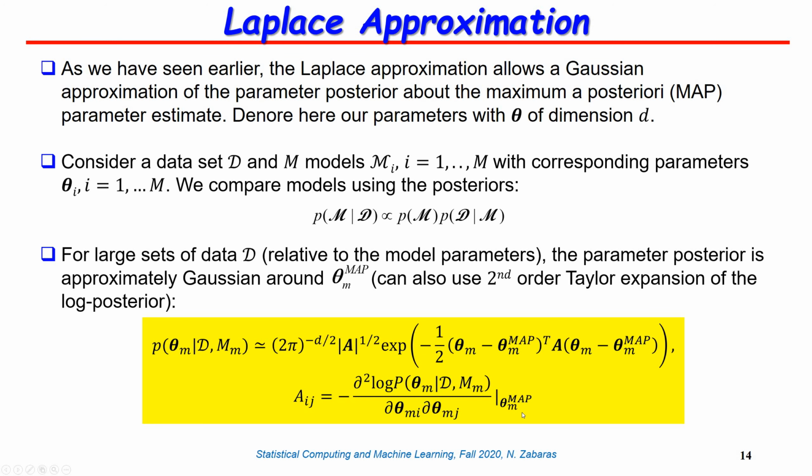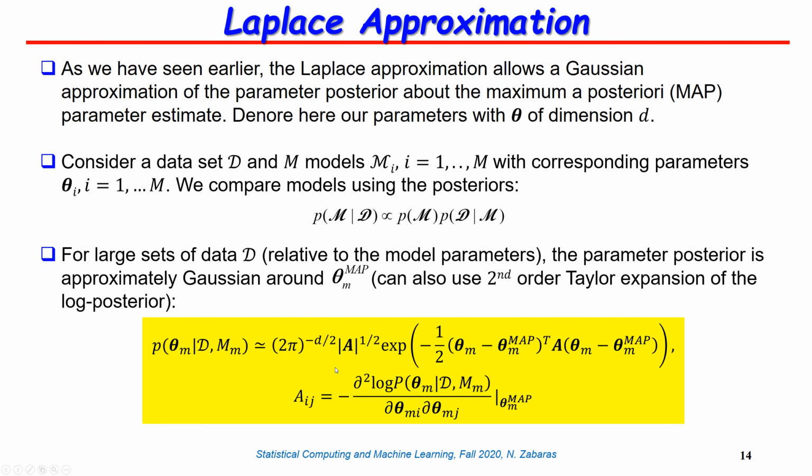And you're not going to get any linear terms because the gradient of the log posterior at the MAP estimate by definition is 0. That's where the log posterior is maximized. So the linear term is not there, and what you have is the quadratic term. And the constant term basically serves as a normalization factor for this Gaussian distribution that you see in the equation here at the bottom.